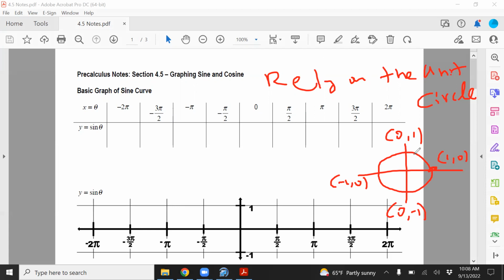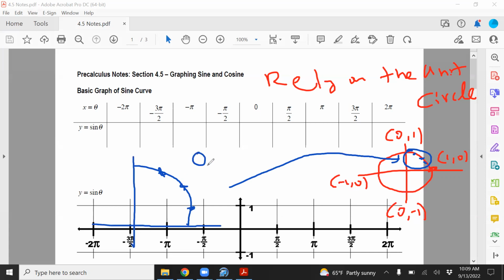And then in the quadrants, because it's kind of hard to write, I'm doing Q1 here.